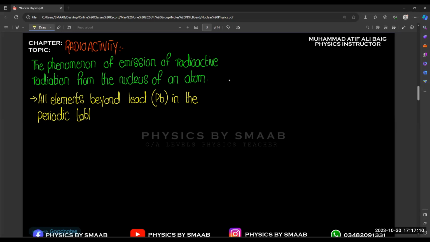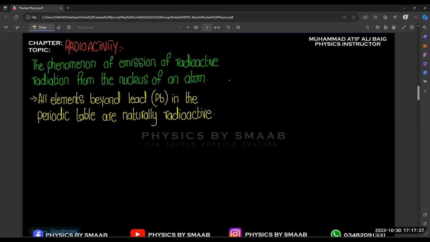So if you check out the periodic table, all elements beyond lead, in symbol Pb, in the periodic table are naturally radioactive, right?